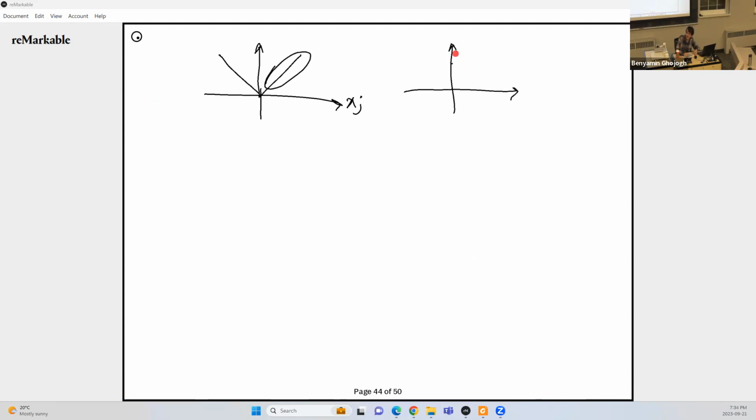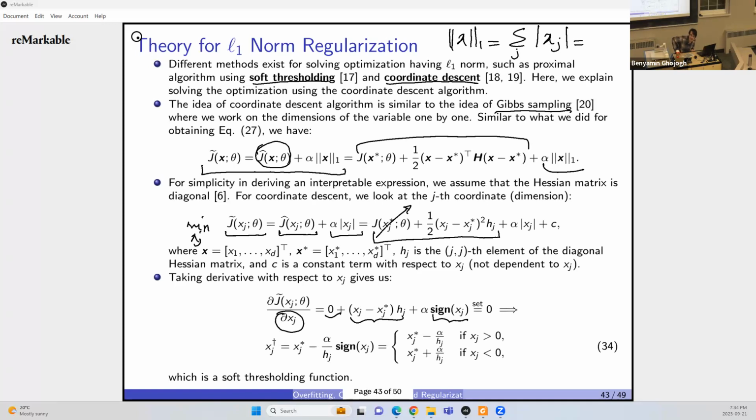The derivative is a slope, right? So 1. The derivative of this part is -1. For now, disregard the 0, okay? What is this? The sign function, right? So the derivative of the absolute value is the sign, so sign of xj, okay?